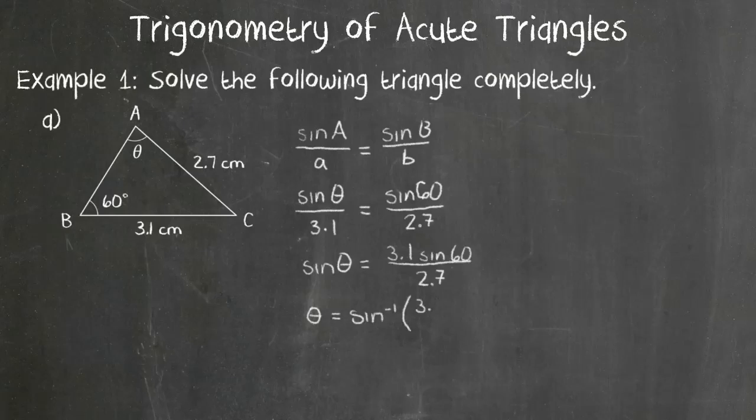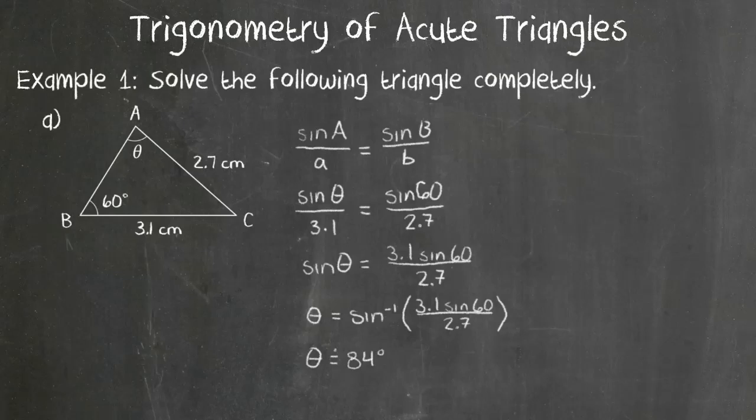So it's inverse sine of 3.1 times sine of 60 divided by 2.7. Using our calculator, we get that theta, or angle A, is approximately 84 degrees.